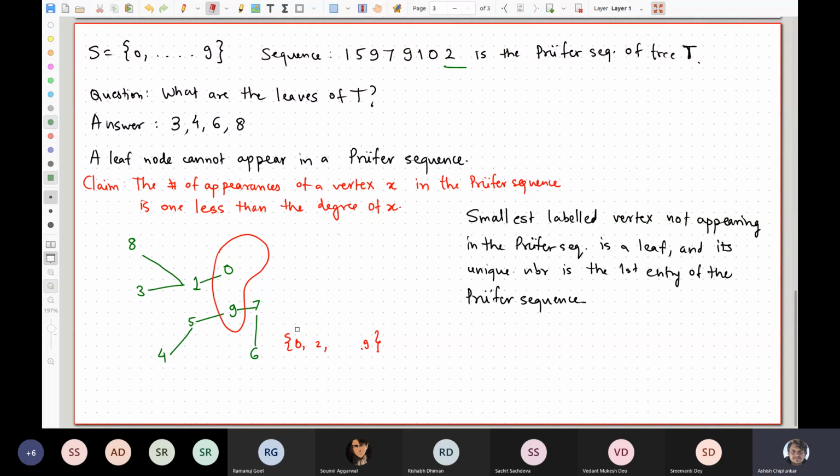Right, and now what? Now 0 is a leaf of the remaining tree, and its unique neighbor is 2.